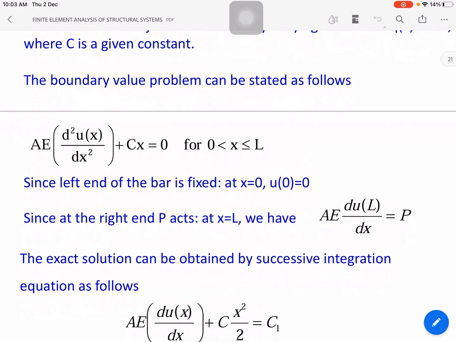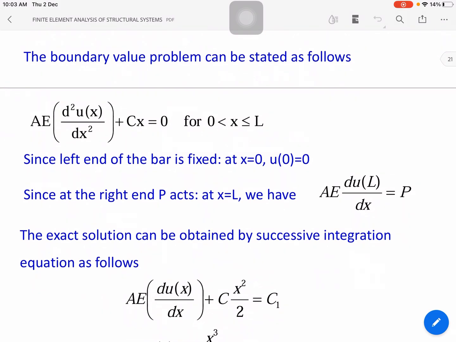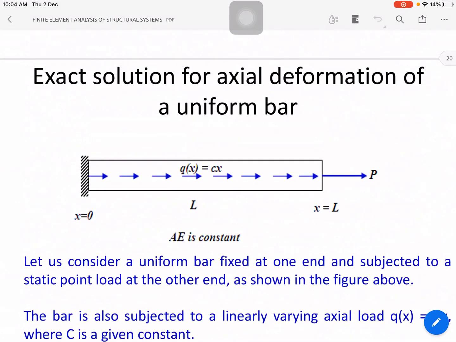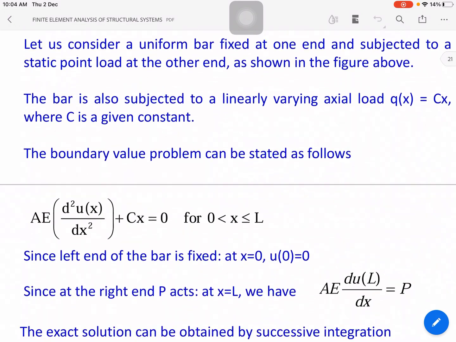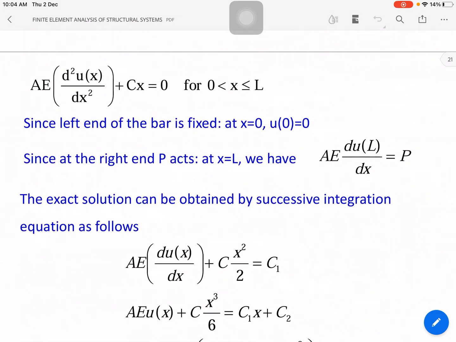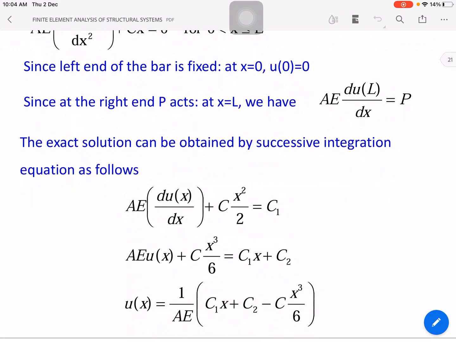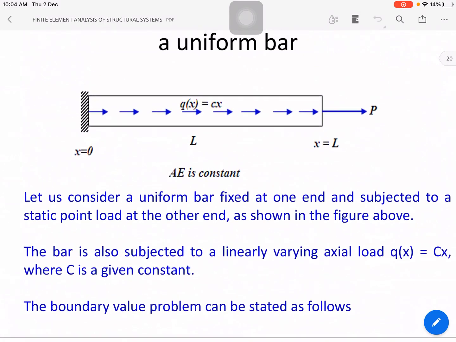By using the boundary condition at x is equal to 0, that is u equal to 0. Since at x is equal to 0 it is fixed, we use the boundary condition u is equal to 0. Since at the right end P acts at x is equal to L, we have force P acting at the right end.